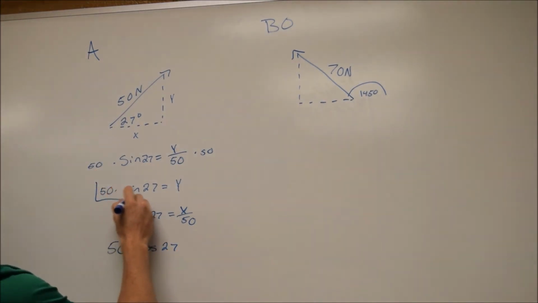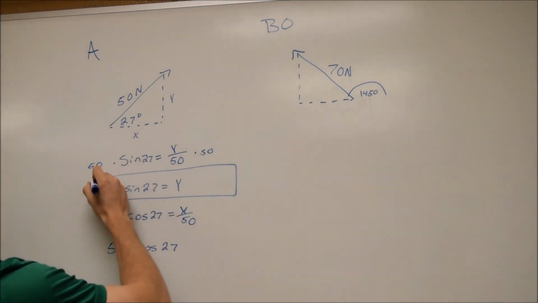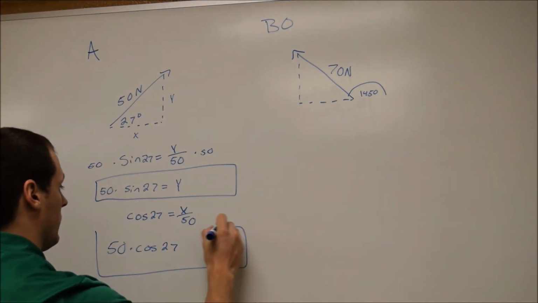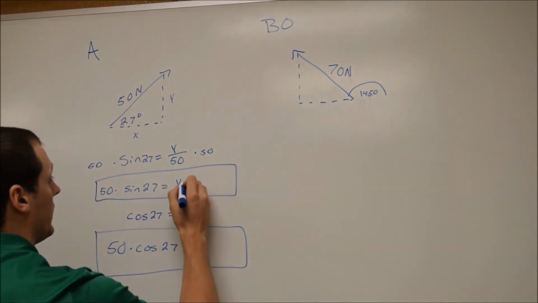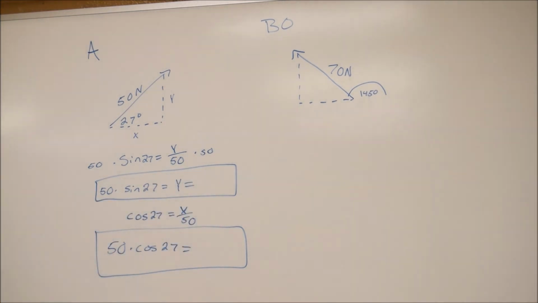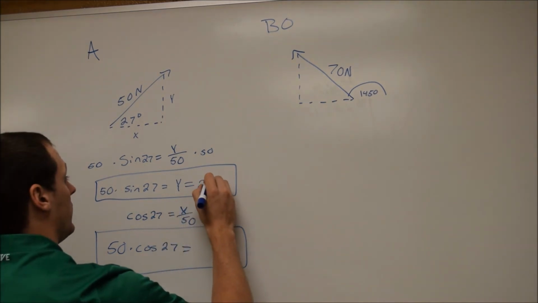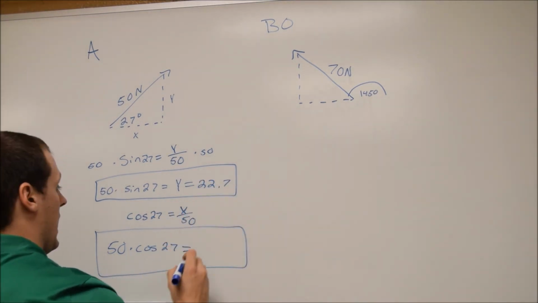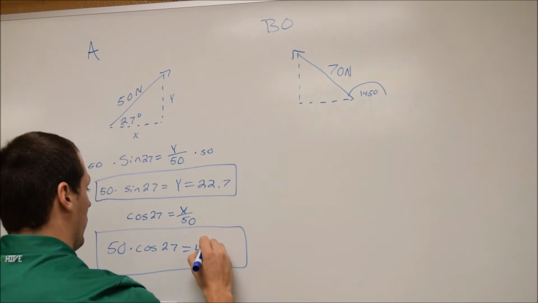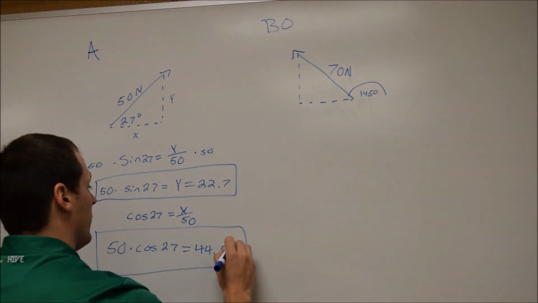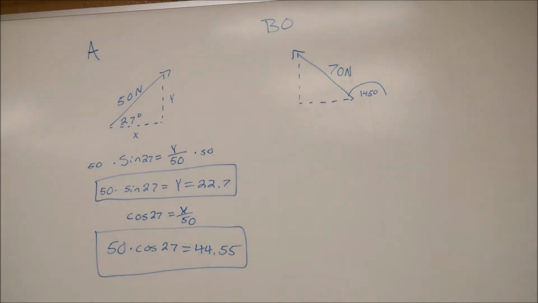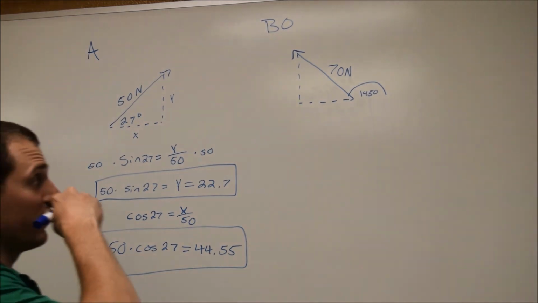So this is what we need here, and this as well. When we put these into the calculator, we get y is equal to 22.7 and x is equal to 44.55. Now we're going to do the same thing with the other triangle here.